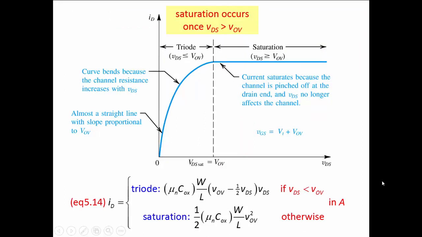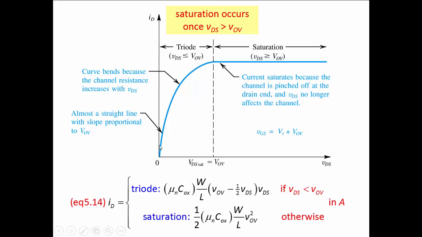So now let's look at this result graphically. What we have here is the drain current being plotted versus the drain to source voltage, and we have repeated down below this triode equation, which is what we just arrived at by replacing the once fixed VOV voltage coming from the small VDS assumption with now VOV minus 1/2 VDS.